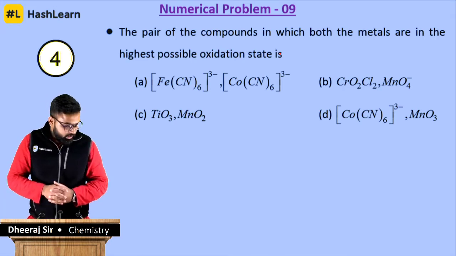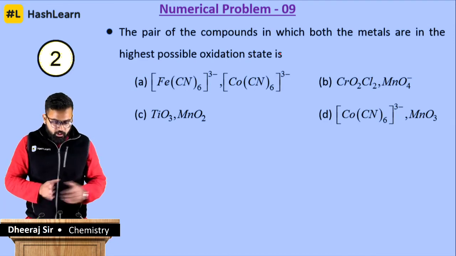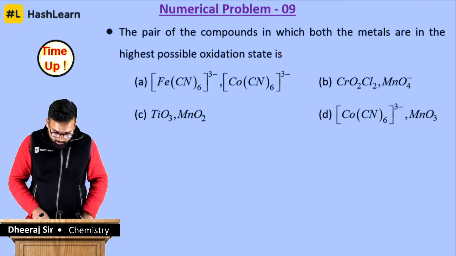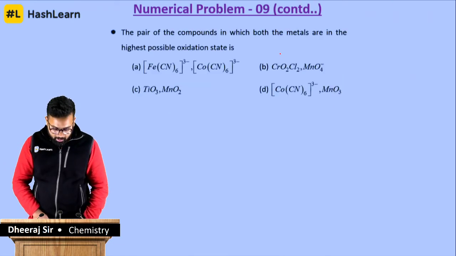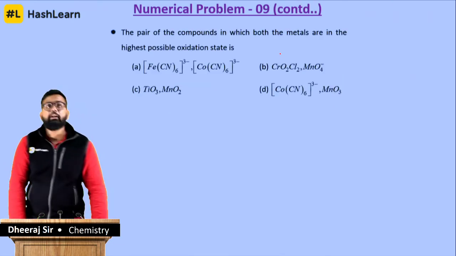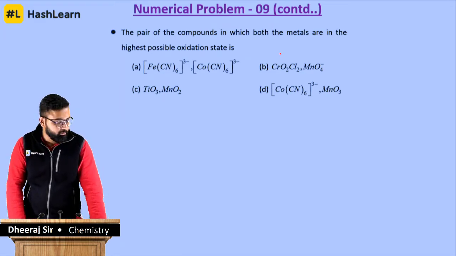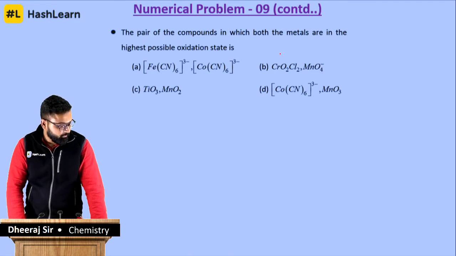Option A iron and cobalt, option B chromium and manganese, option C titanium and manganese, option D cobalt and manganese. Clockmaster says time's up. I can give you a couple more seconds, but I want the right answers, guys. You are capable of doing it. Go for it.